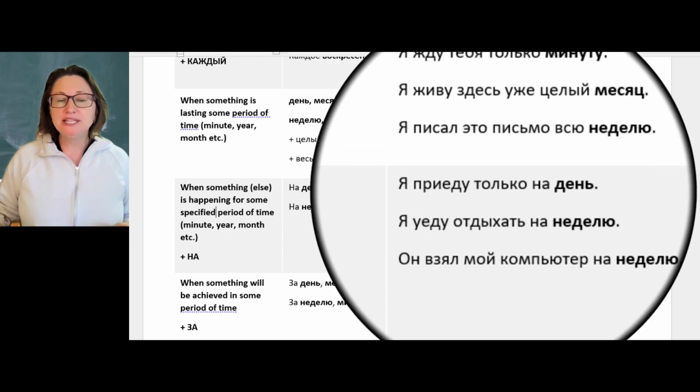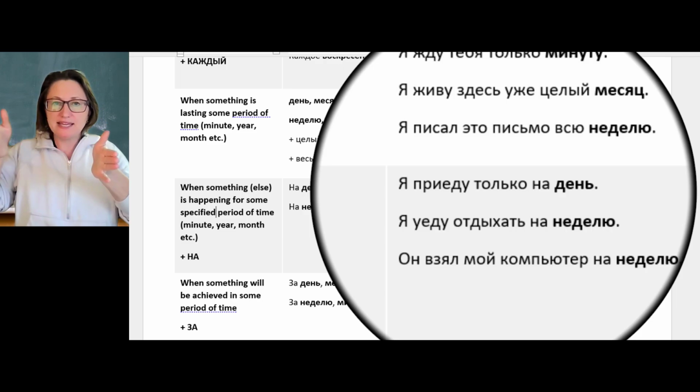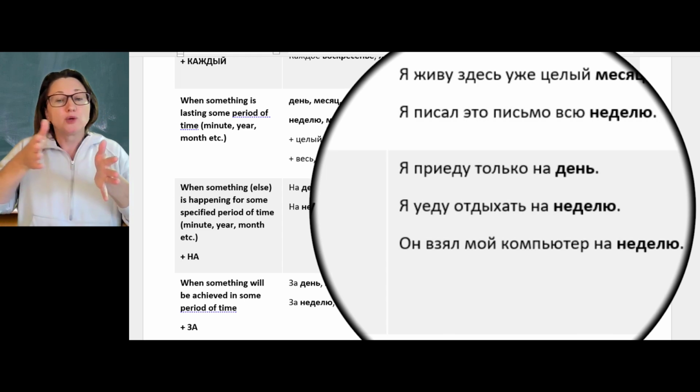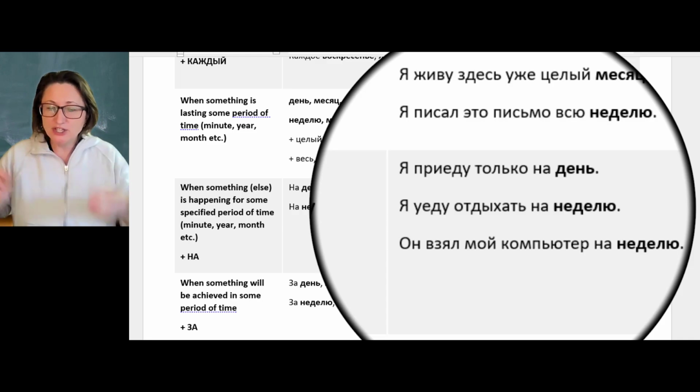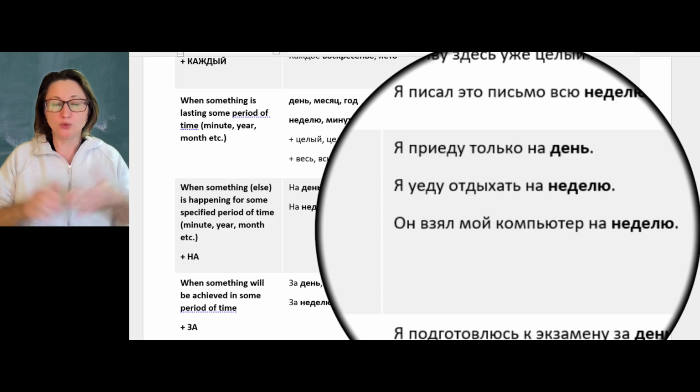So when I say я приеду только на день, I'm saying I will come for a day, meaning I will come and stay for a day. When we say я уеду отдыхать на неделю, I'm saying I will leave on vacation for a week. What will be lasting a week is me having a vacation, not me leaving. Он взял мой компьютер на неделю. He took my computer for a week.